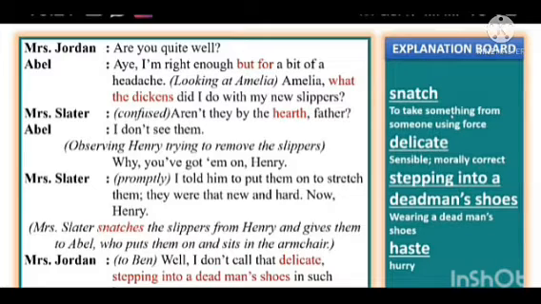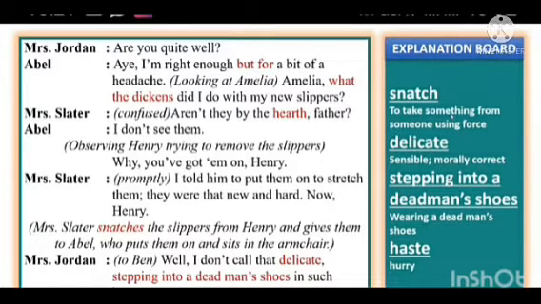And them means here, what is them? Here them means slippers. And he asked Henry, why are you wearing my slippers?